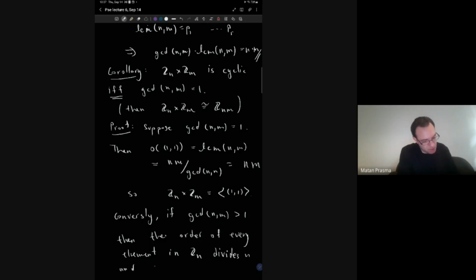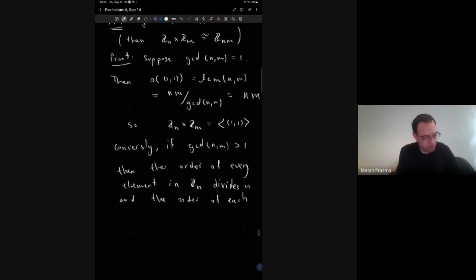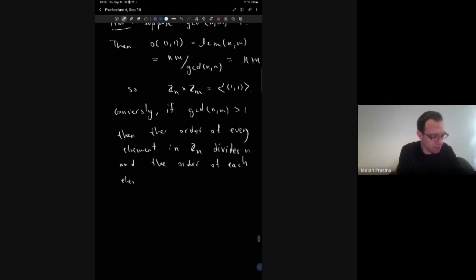and the order of each element in Zm divides m.